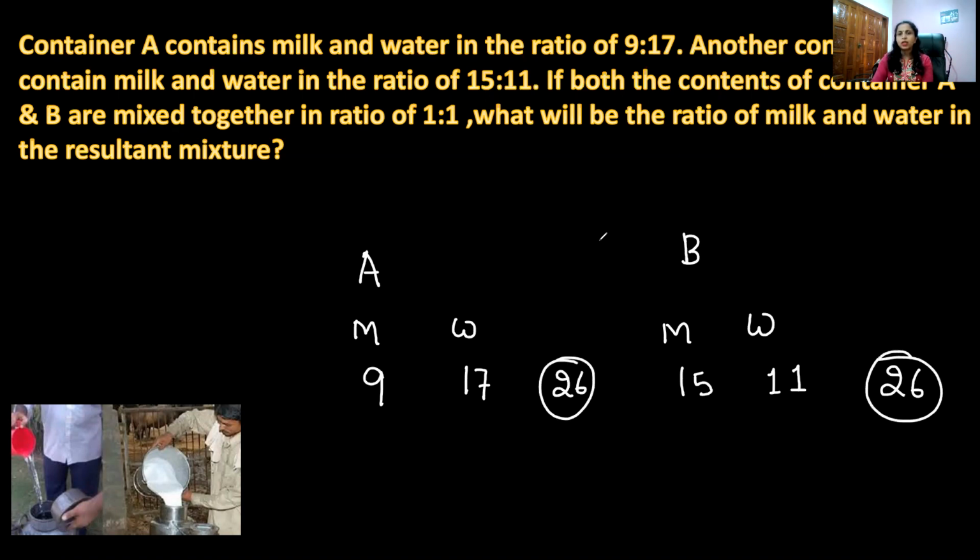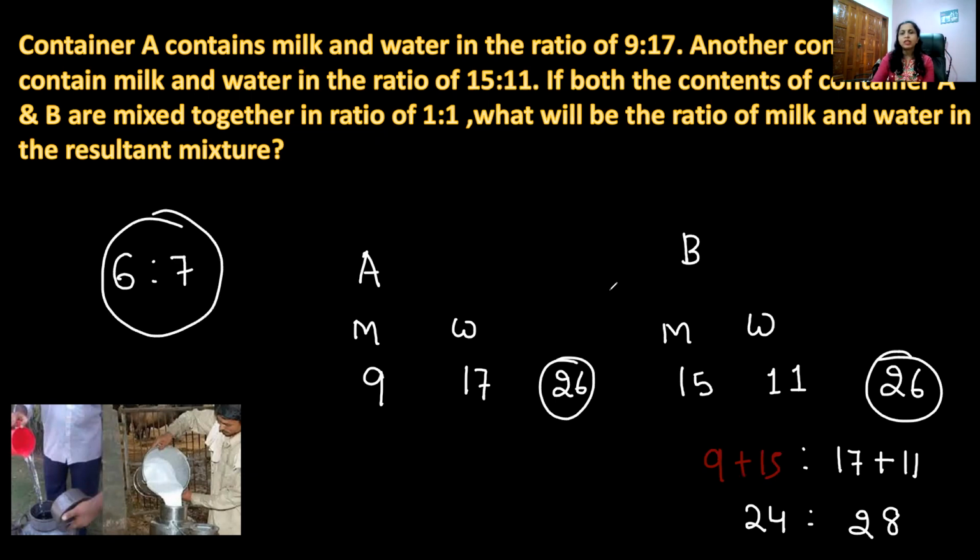So I will not do any LCM or anything, I will just add 9 plus 15 and then add the water content, that is 17 plus 11. So this gives you 24 and this gives you 28. And then we can put it into the simplest form by dividing by 4. So 6:7 will be the ratio of milk and water in the resultant mixture.